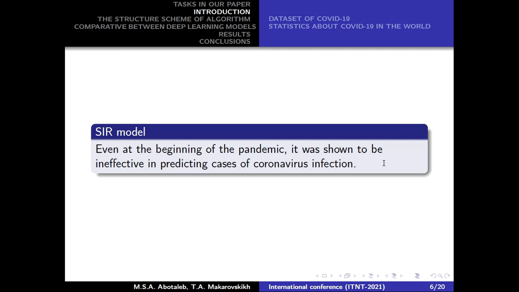For example, one article forecast that the peak of the second wave of infection cases in Pakistan would be in August 2020, but actually the second wave came in December 2020. So the SEIR model is not effective for forecasting infection cases of COVID-19.